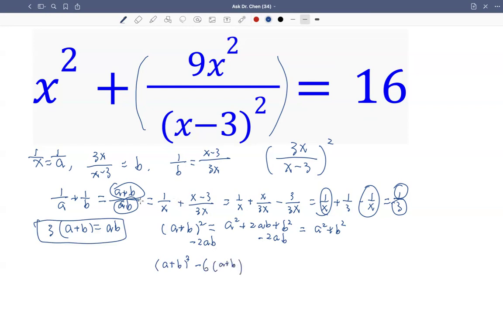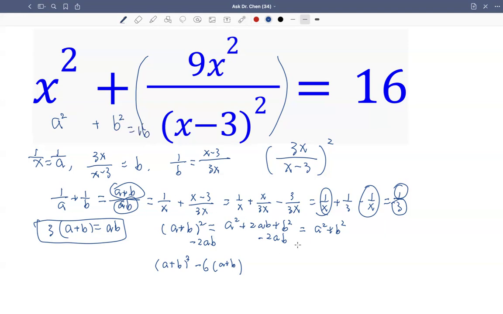And this A squared plus B squared equals 16, equal to 4 squared.